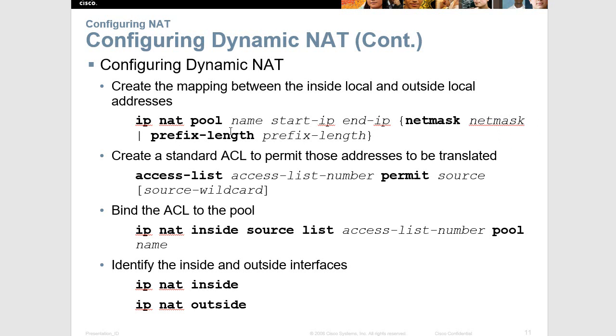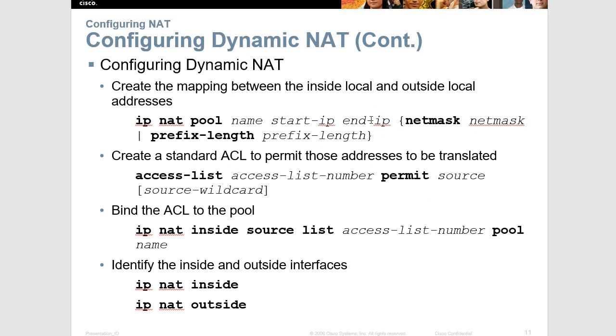If you're going to use the prefix length, you have to type prefix-length and the / whatever prefix length. Not the most fun in the world, but that's what you have to do. Again, ip nat pool, give it a name, start of the public IP address range, end of the public IP address range, and then either netmask or prefix-length to set that up.